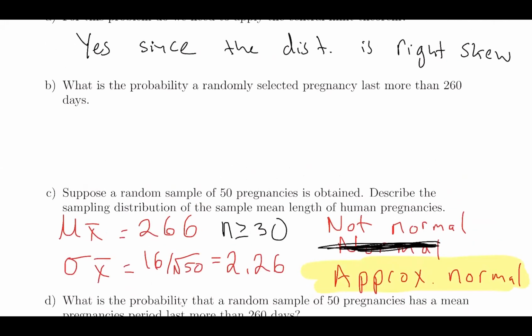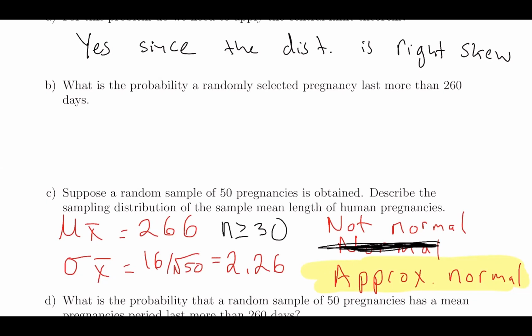All right, so let's go back to B. For B, it says, what is the probability a randomly selected pregnancy lasts more than 260 days? In this scenario, how many pregnancies are we getting? 50. 1?